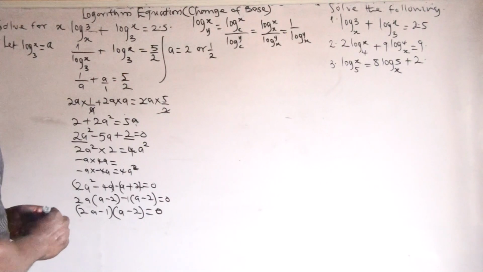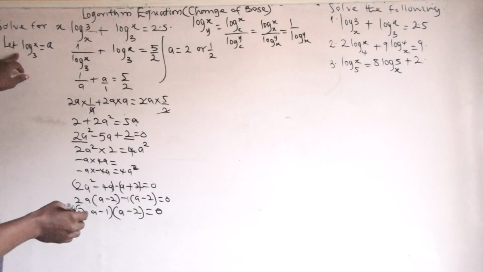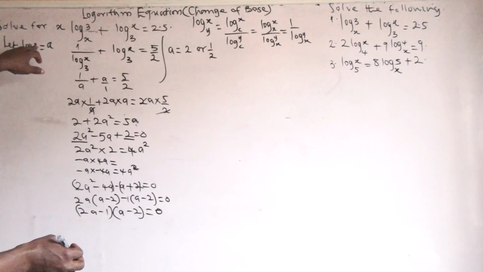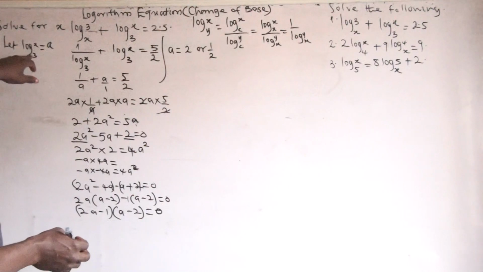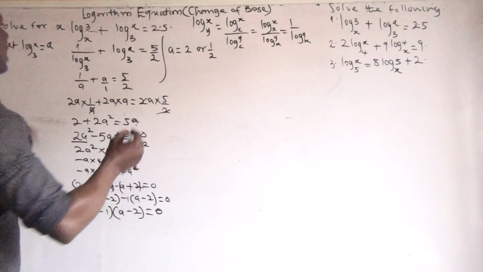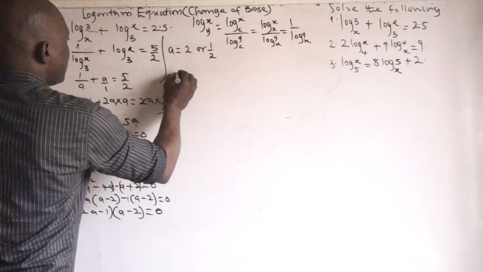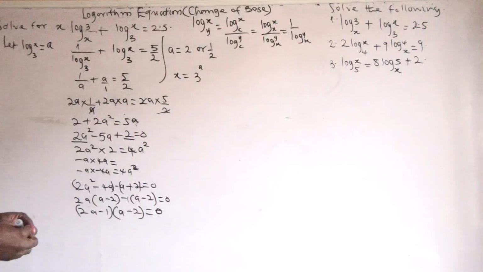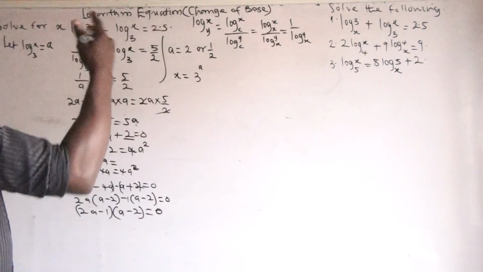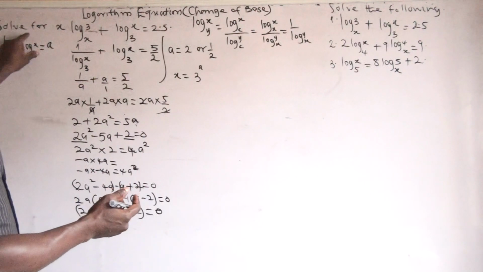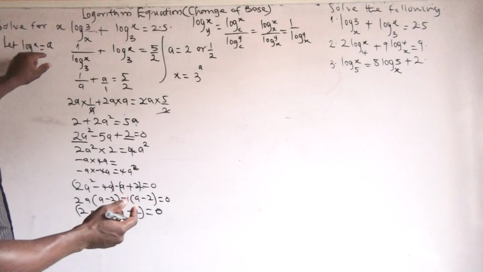Our question did not end there, because if we recall, we said let log x to base 3 be equal to a. From the definition of logarithm, the logarithm of any number is the power to which the base must be raised to give this number. So for us to get x, x is equal to 3 raised to power a.